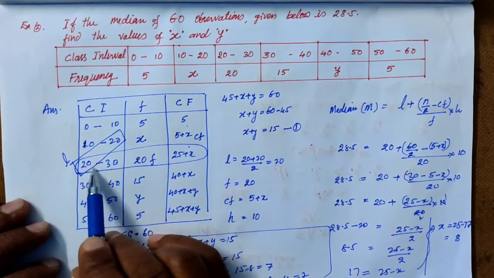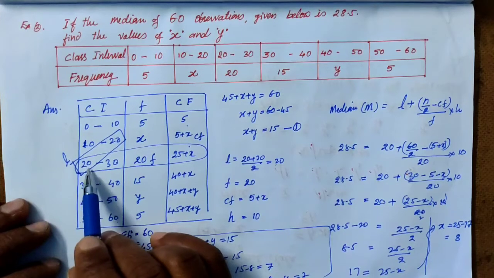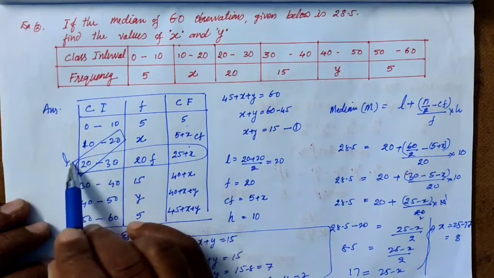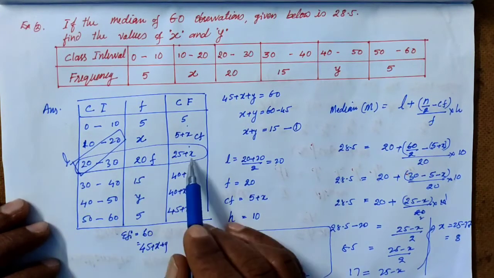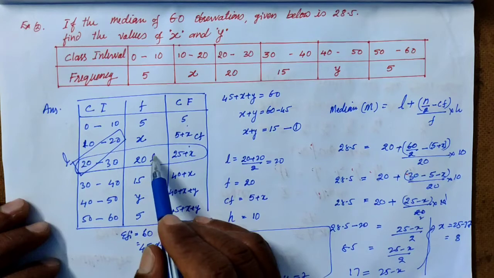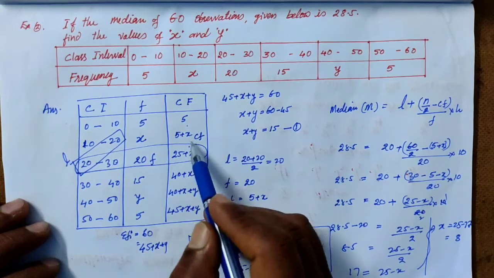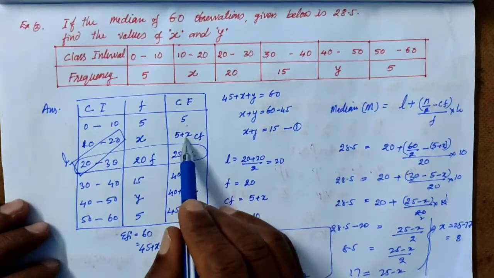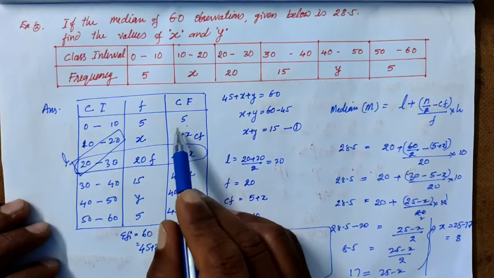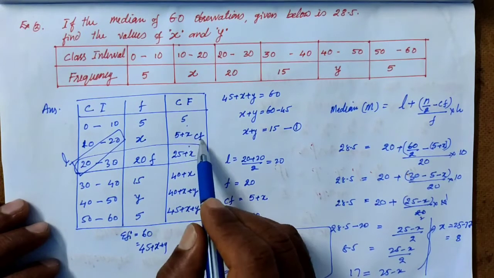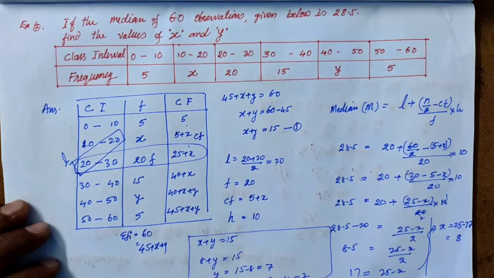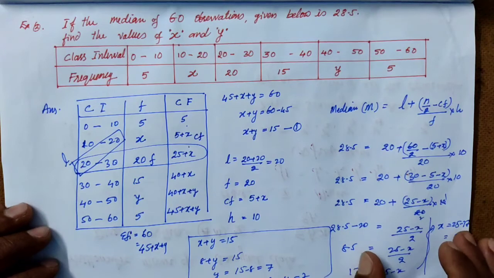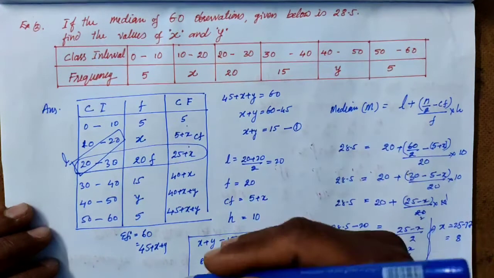The median is already given, so this is the median class. This is f, and before this median class, the preceding class is this one, and this is the cumulative frequency. In this way we should not get confused while finding mode, median and mean.